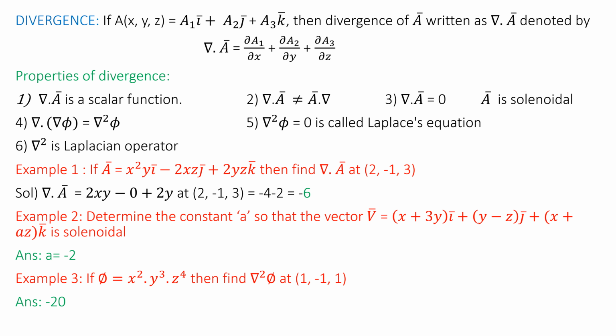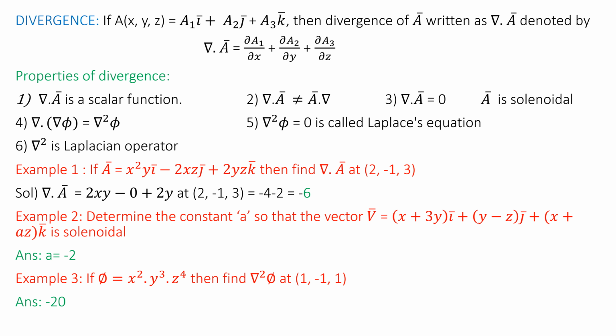Determine the constant a so that the vector v bar is equal to (x plus 3y) i bar plus (y minus z) j bar plus (x plus az) k bar is solenoidal. As explained in the properties of divergence, solenoidal means del dot a bar is equal to 0. So apply del dot and make it 0, then you will get a. Dou by dou x of x plus 3y is 1, because 3y is treated as constant.